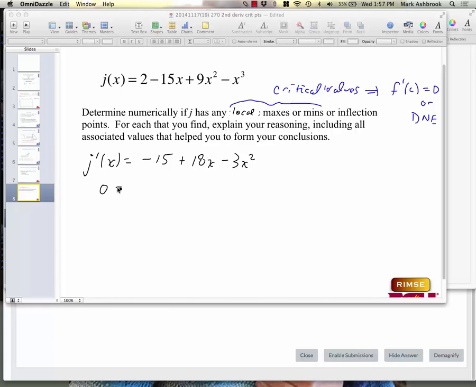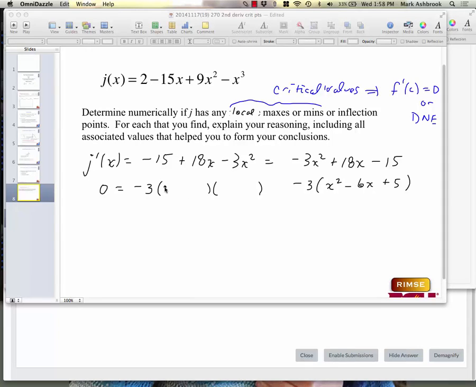So we're going to have 0 equals. Now let's rearrange this here. How do we figure out values of x that make this equal to 0? Let's see if you remember from your algebra days. First of all, we can factor out a minus 3 because all of it has a 3. And then remember, if it's rigged, and we're hoping it's rigged, then it's two binomials multiplied together.